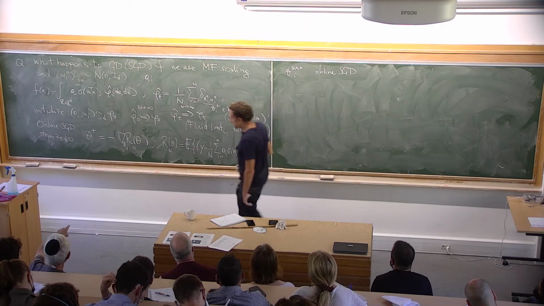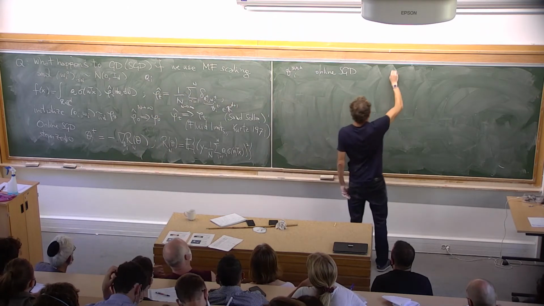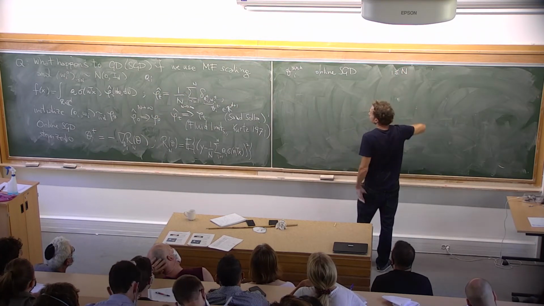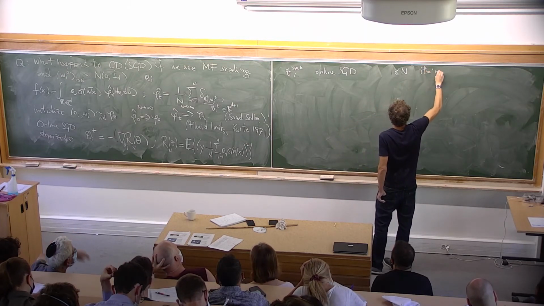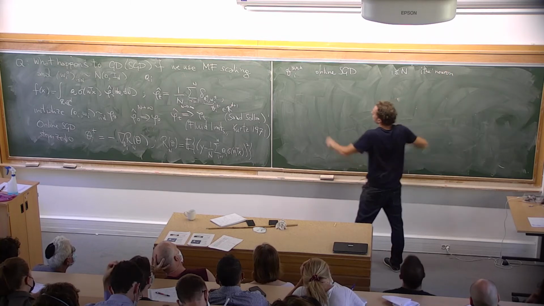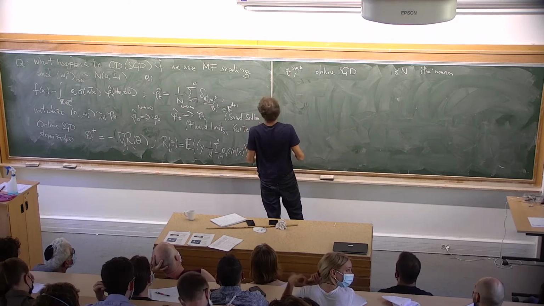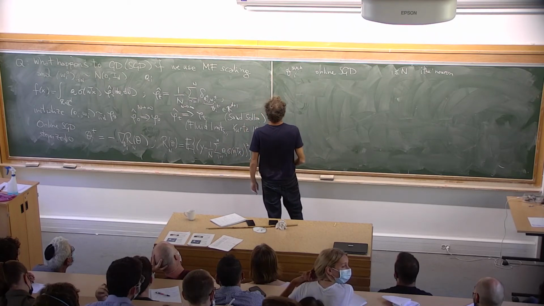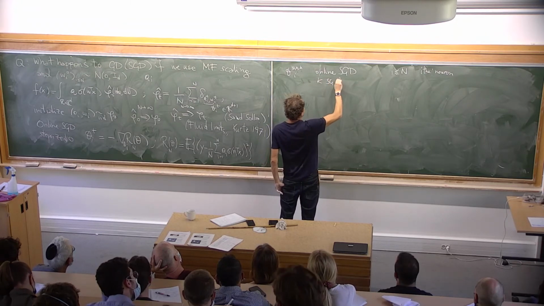There is capital N, so i is between 1 and n. This is the ith neuron, and k is the SGD step. So what I claim is the following.